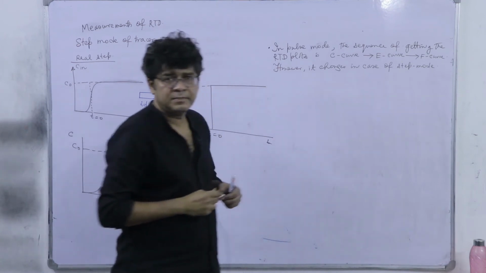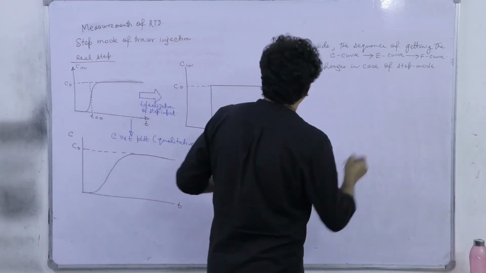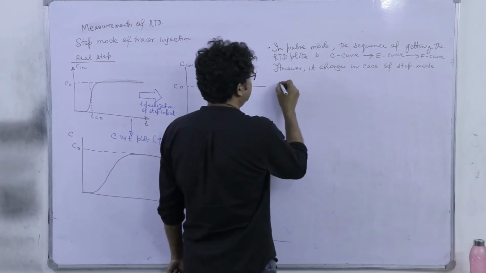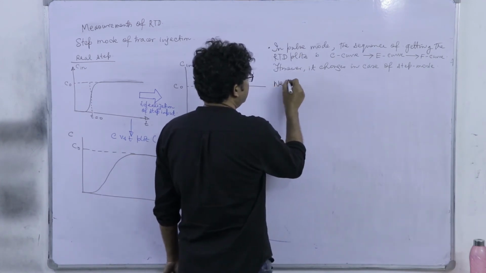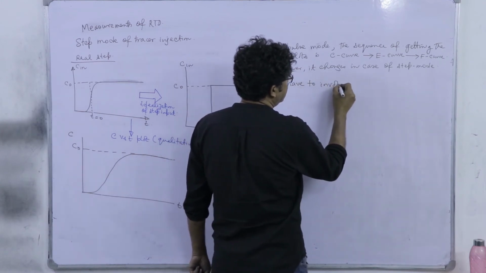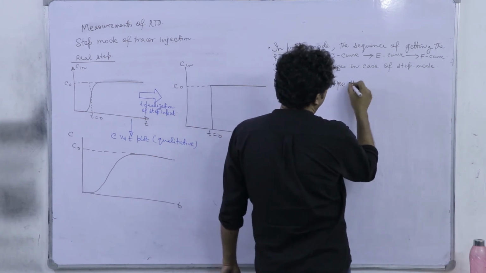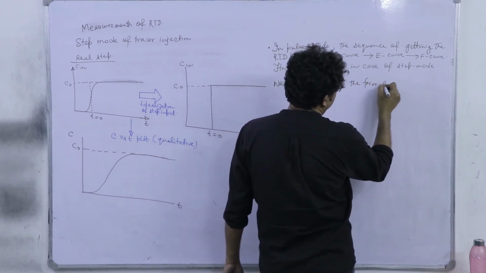So, what will be there? See, we have to invoke the formula for the convolution integral of RTD analysis. I am not deriving this.